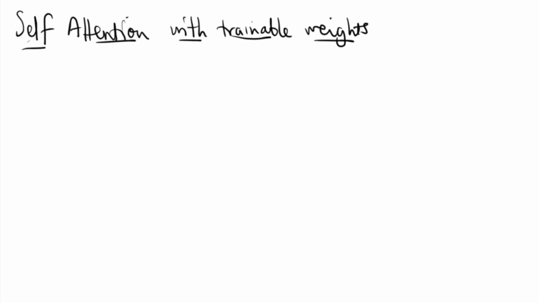It's the same concept. What we're changing now is that previously we just had those alphas without training them, but now we are going to introduce what are called weight matrices that will be optimized during training. So we're introducing weight matrices.